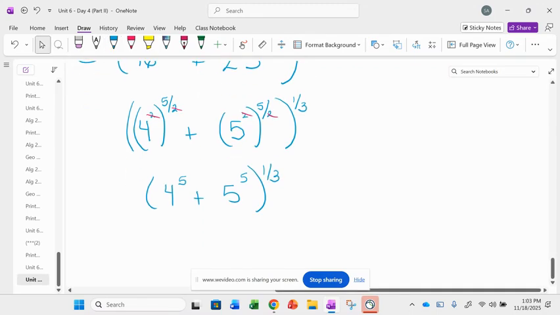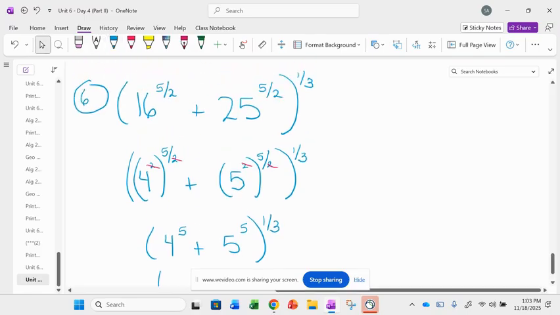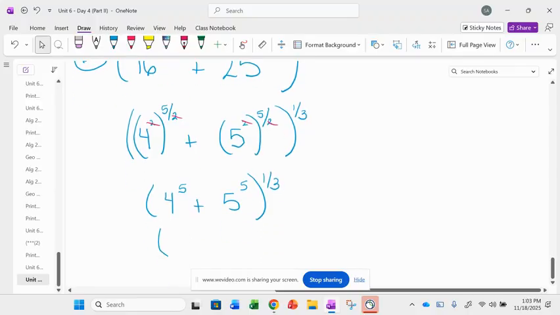I don't know what this is, guys. Do you? What is it? I don't know. I meant to put those as exponents of 3. I meant to have these be exponents of 3s, not 5s.